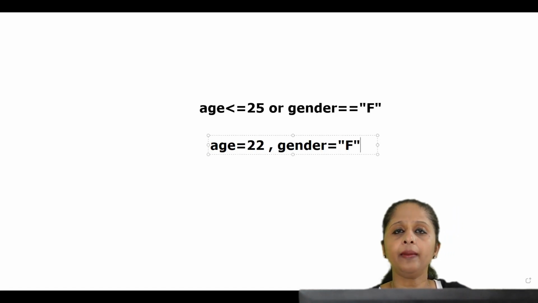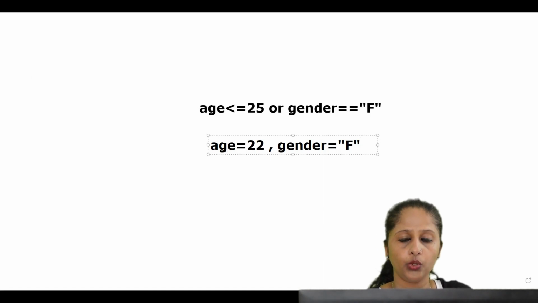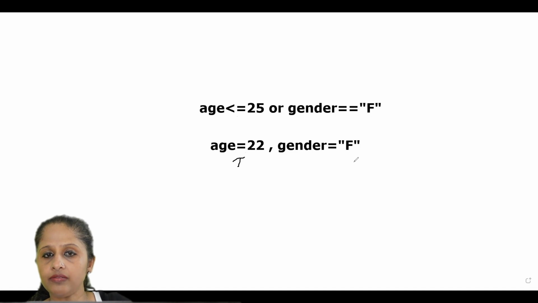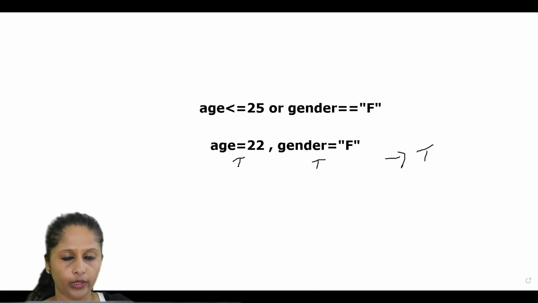So there is a female participant with age 22. Here it is checking age is 22, so it is checking whether 22 less than or equal to 25. Yes, it is satisfying, so here we are getting true. Then checking whether gender equal to F. Yes, here gender is F, so F is equal to F. So this is also true, and you will get a return value true.